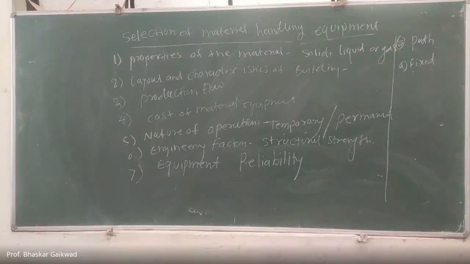Machinery and equipment are grouped together depending upon the process. For example, if a component requires the machining process, all machining should be in one place. Components requiring the forming process should be in one place. Cutting machines should be in one place, milling machines in one place, like this.